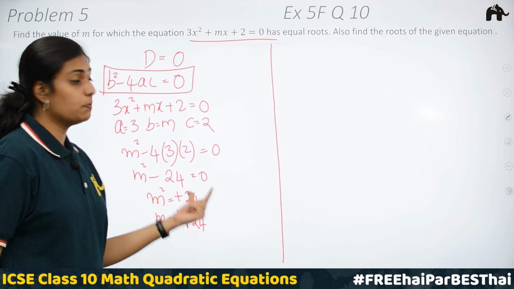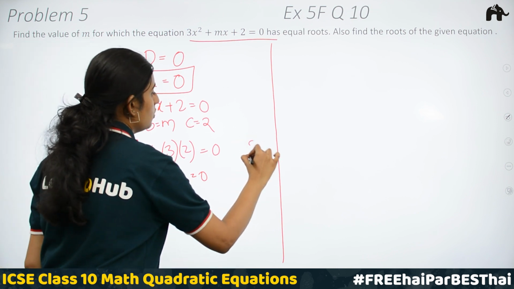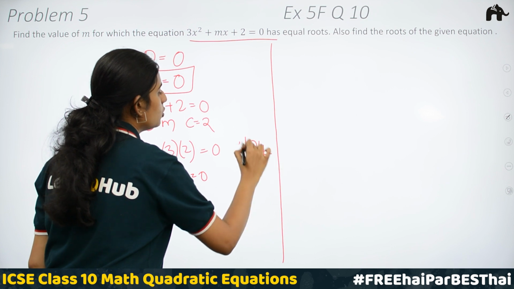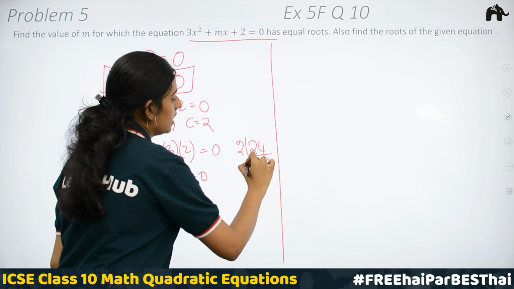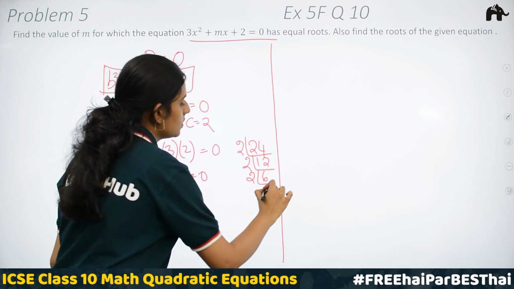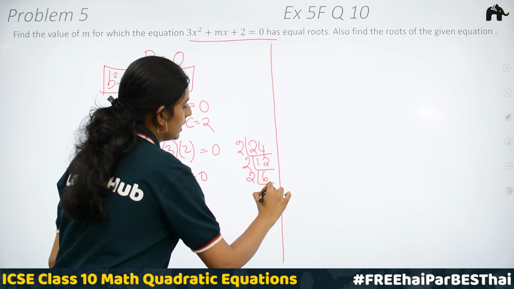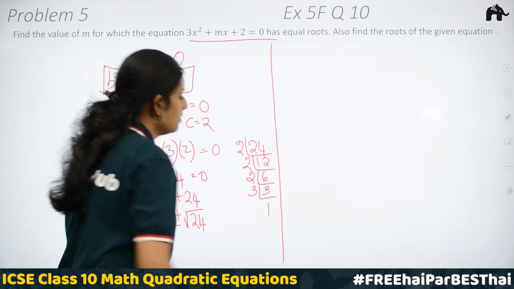24 is not a perfect square. Let us find the factors. 24 dividing with 2, you get 12. Again dividing with 2, we get 6. Dividing with 2, we get 3. Dividing with 3, we get 1.